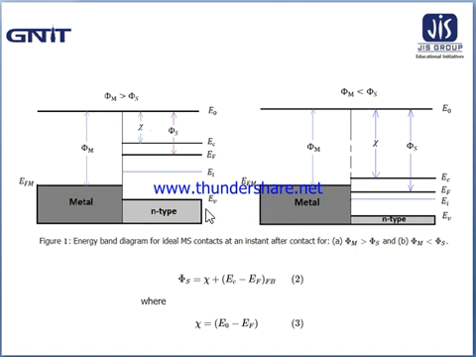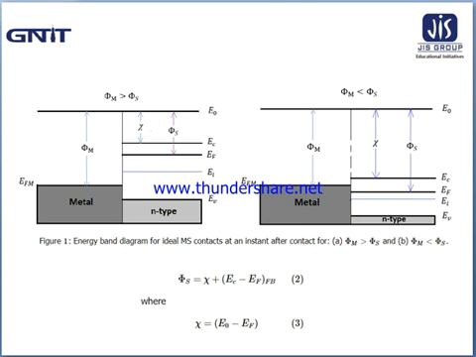Now, the electron affinity chi and the metal work function, that is phi m, are invariant fundamental properties that remain unaffected by the contacting process.